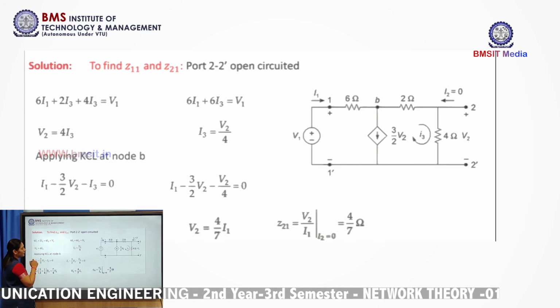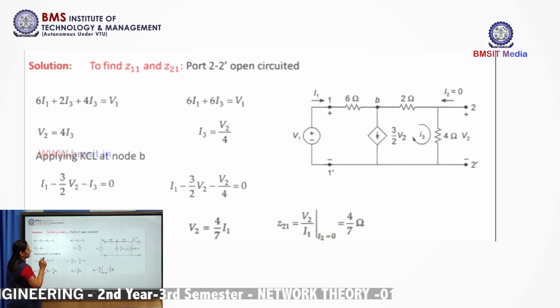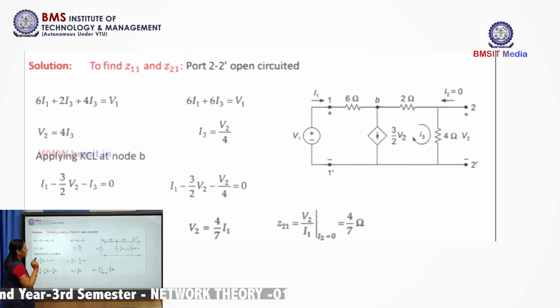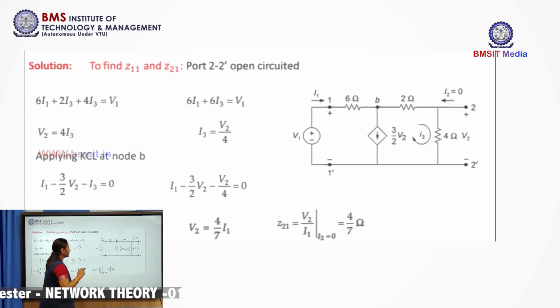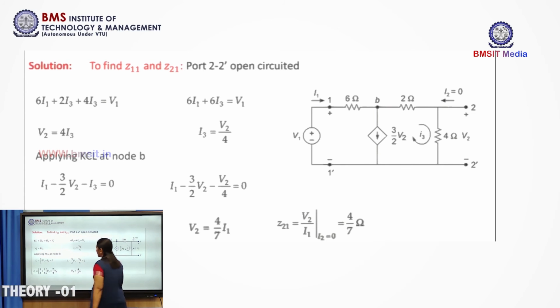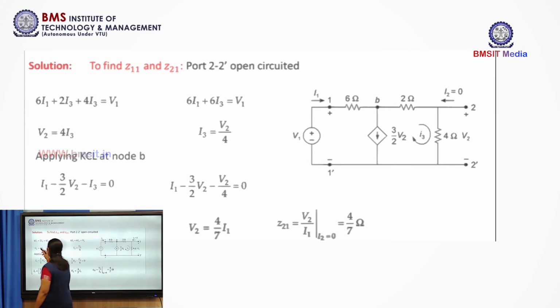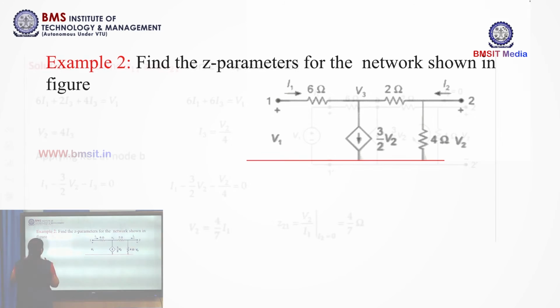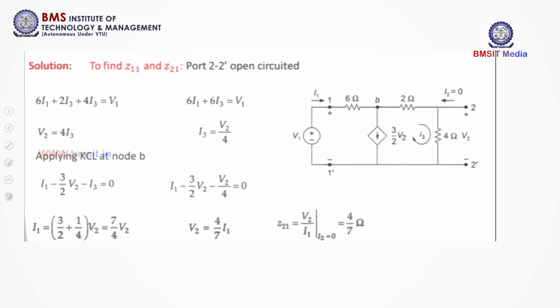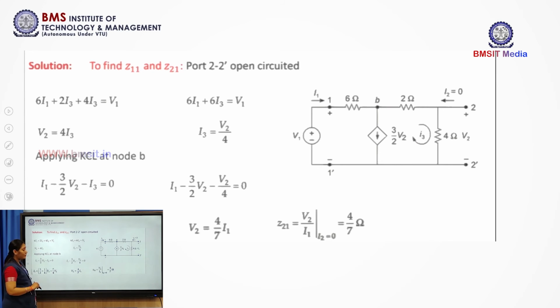If port 2 is open circuited, then I2 will be equal to 0. We will apply KVL to obtain the equation for V1. After applying KVL with the second port open circuited, we have V1 equal to 6 into I1 plus 2 I3 plus 4 I3.